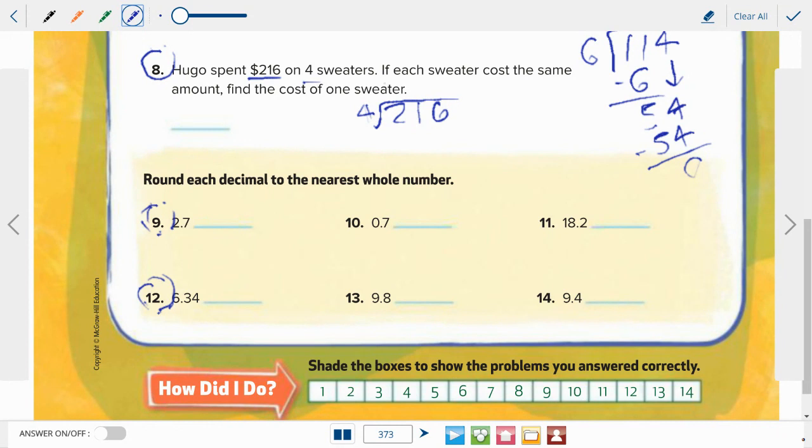All right, 4 does not go into 2. It goes into 21 5 times. 5 times 4 is 20. 21 minus 20 is 1. Bring down our next number. How many times does it go into 16? Exactly 4 times. 4 times 4 is 16. 16 minus 16 is 0.